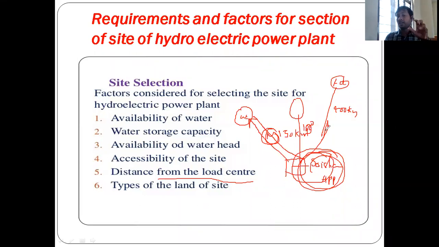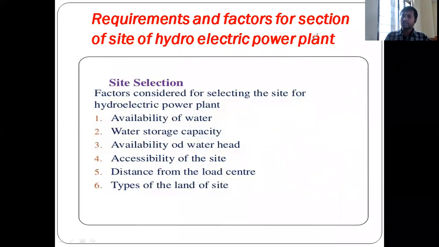Its cost becomes huge because of the construction of poles and the transfer of electricity. So everything is costly. That's why we need to select the site in such a way that the power plant must be nearer to the load centers. That distance must be as minimum as possible.